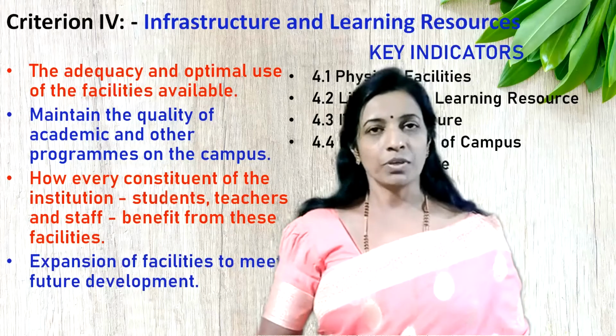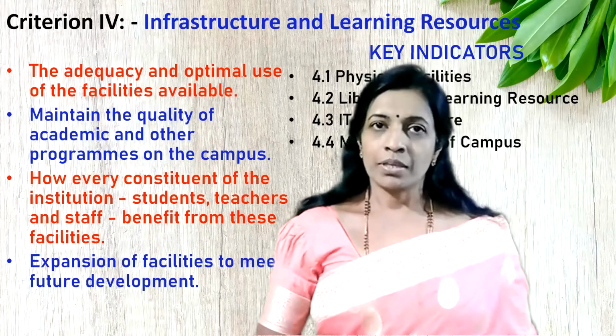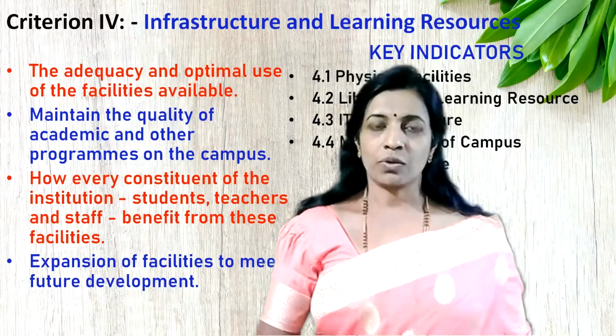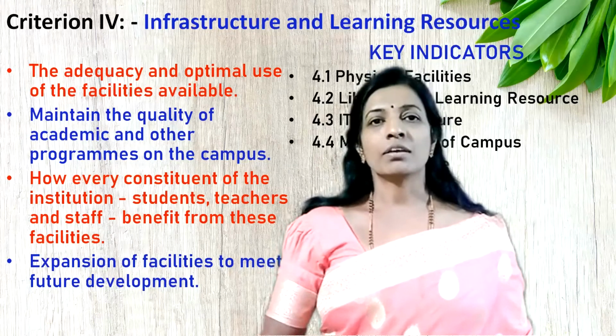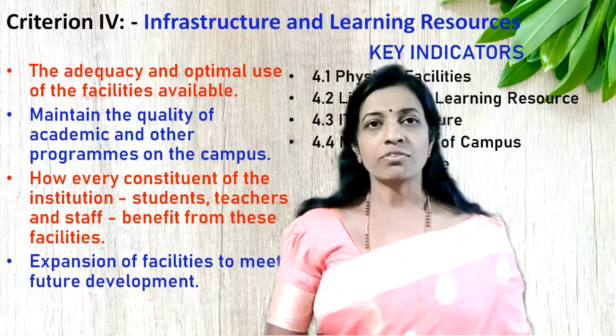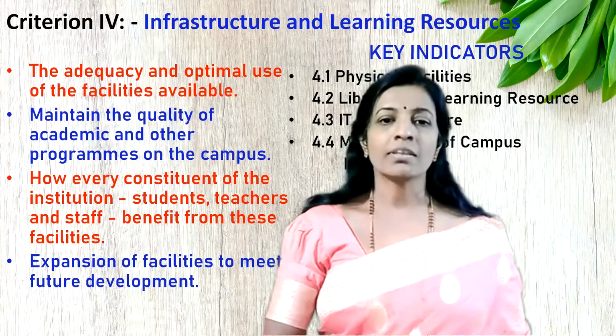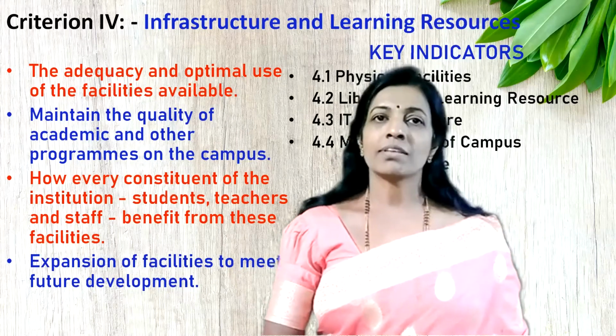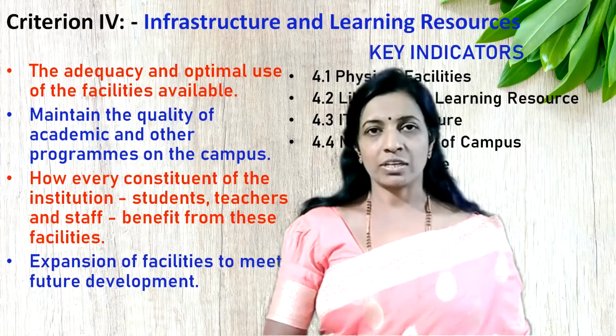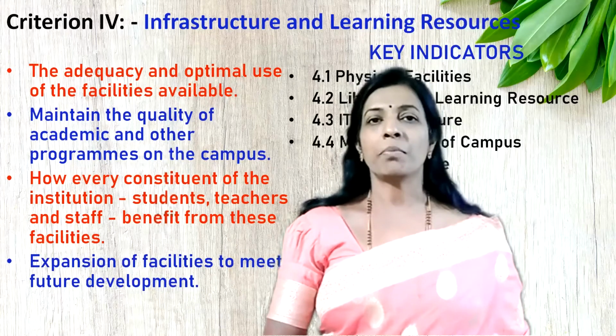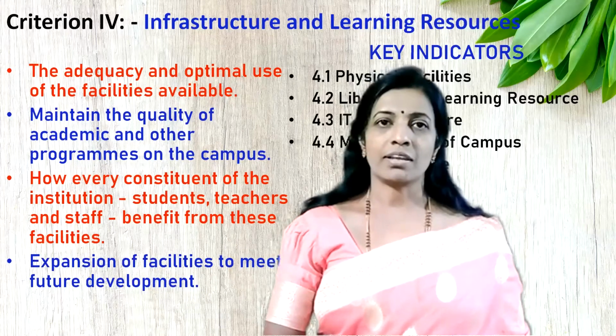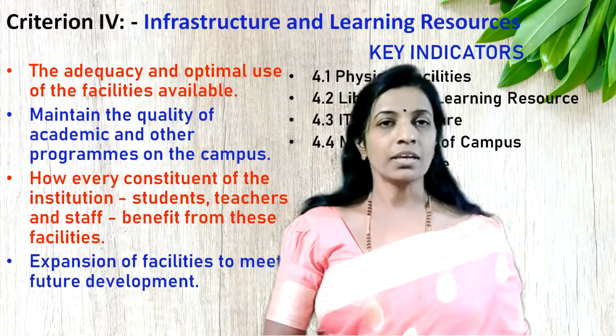Here, it is also taken into consideration whether the different constituents of the institution, that is, the students, teachers, and the administrative staff are all able to make use of these facilities which are being provided by the institution.